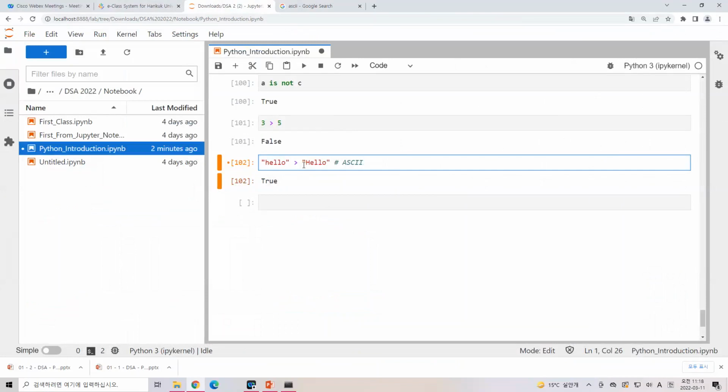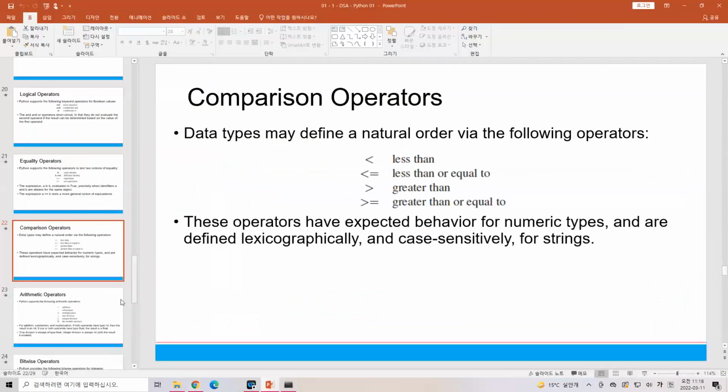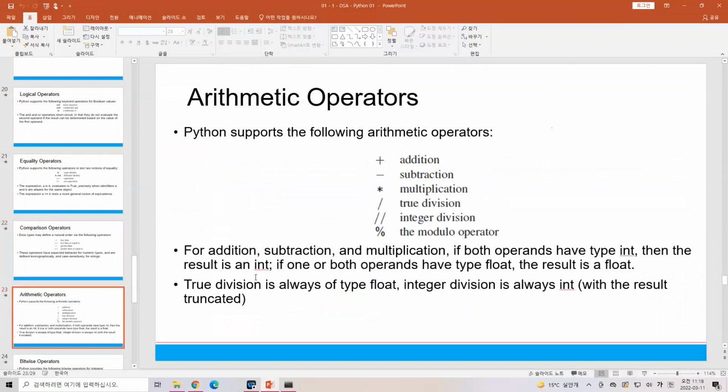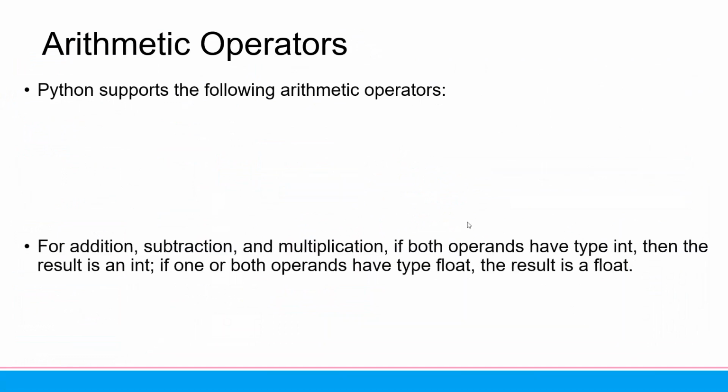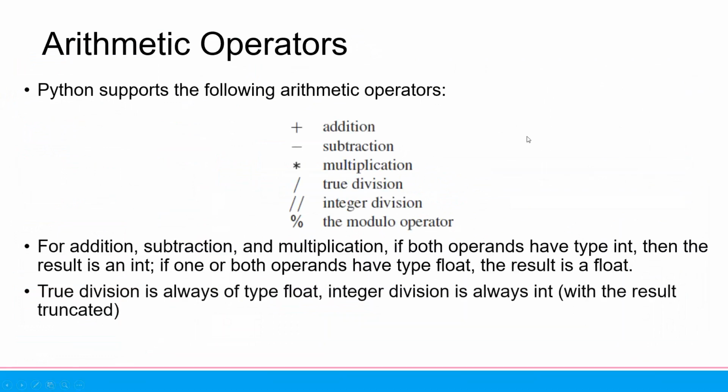Arithmetic operators. I have explained this one. Plus is addition, minus is subtraction, star is multiplication, slash is true division, and double slash means integer division. We want to get only the integer value.